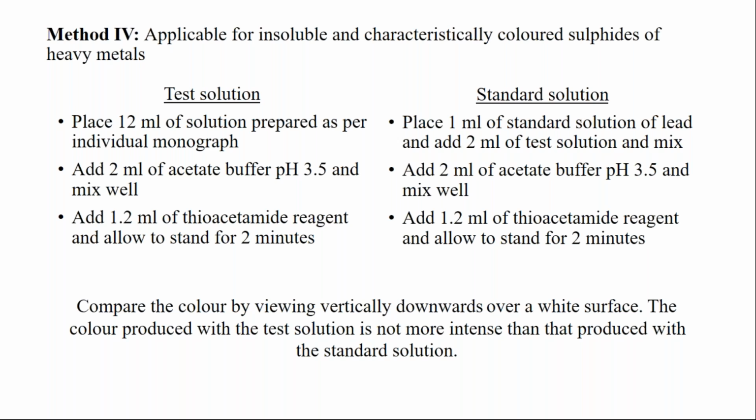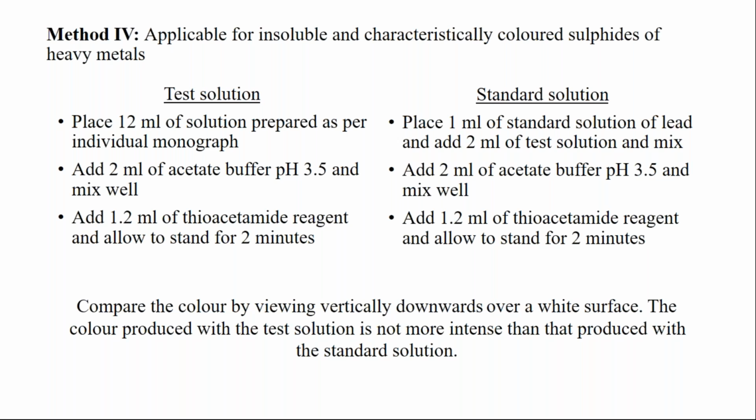Later you add 1.2 ml of thioacetamide reagent, and allow to stand for 2 minutes. When it comes to standard solution, you place 1 ml of standard solution. Read the next line very carefully. You add 2 ml of test solution and mix. Then you again add 2 ml of acetate buffer, which has a pH of 3.5.